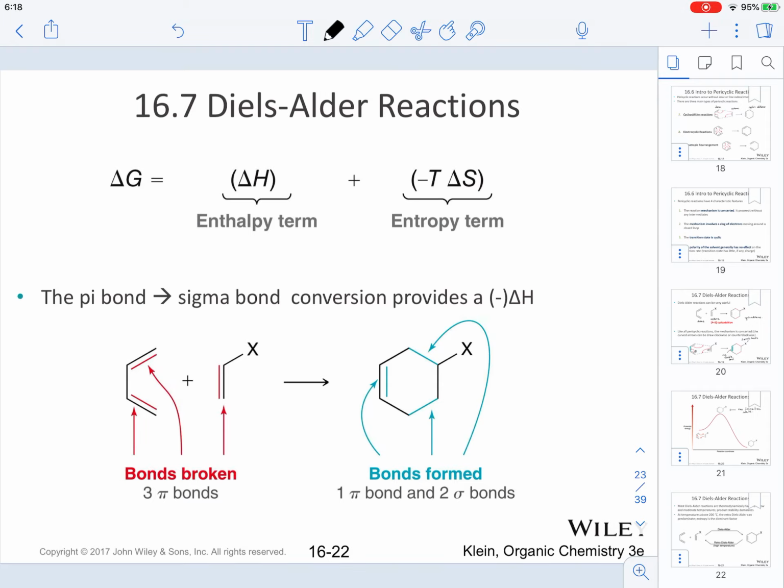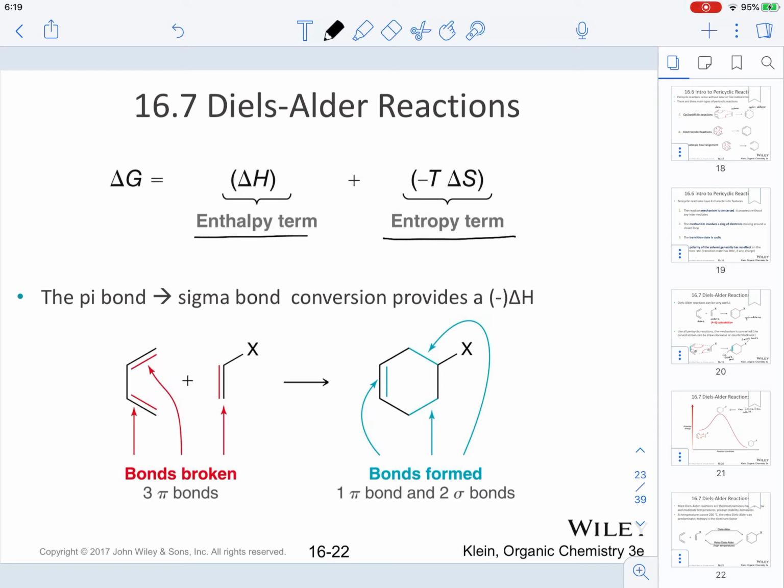The delta G of a reaction is actually the Gibbs free energy, and there are two components to it. There is an enthalpy term and there's an entropy term. Now understand that when it comes to the delta G of the reaction, the sign of the delta G must be negative for the equilibrium to favor products, okay?